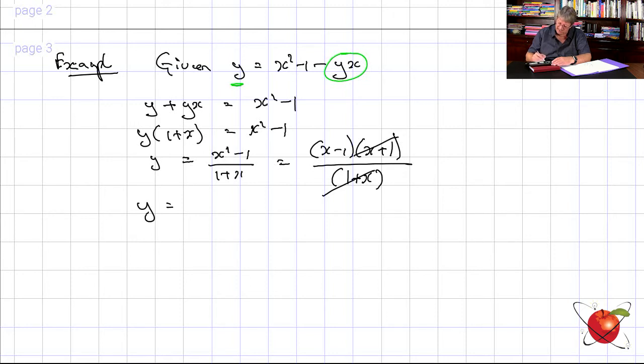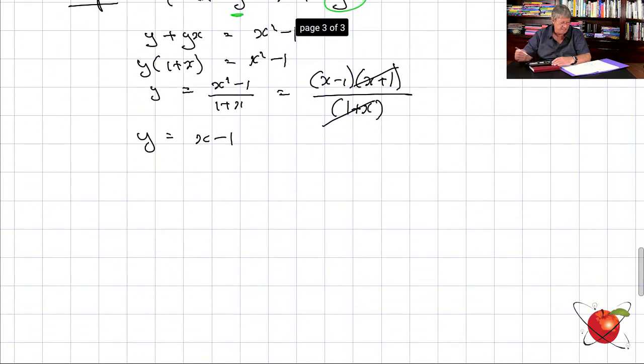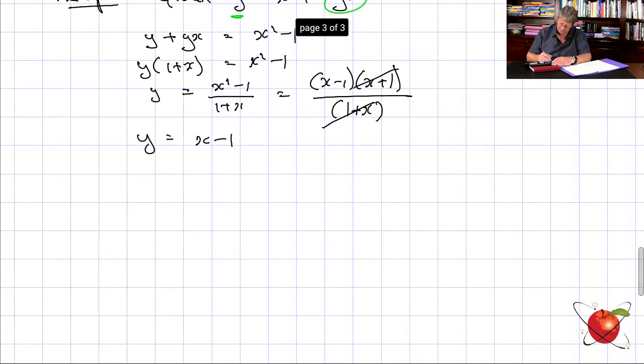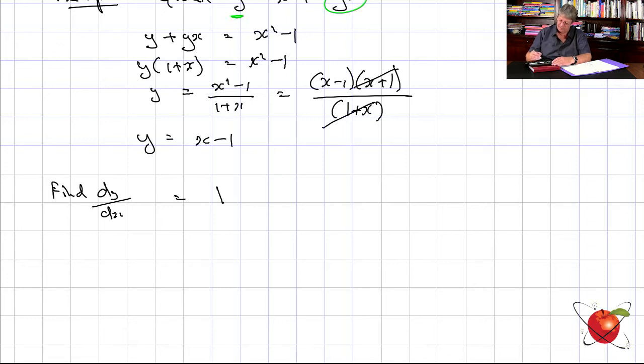Therefore, y is actually equal to x minus 1. Now, they said find dy/dx, and it's going to be equal to 1.